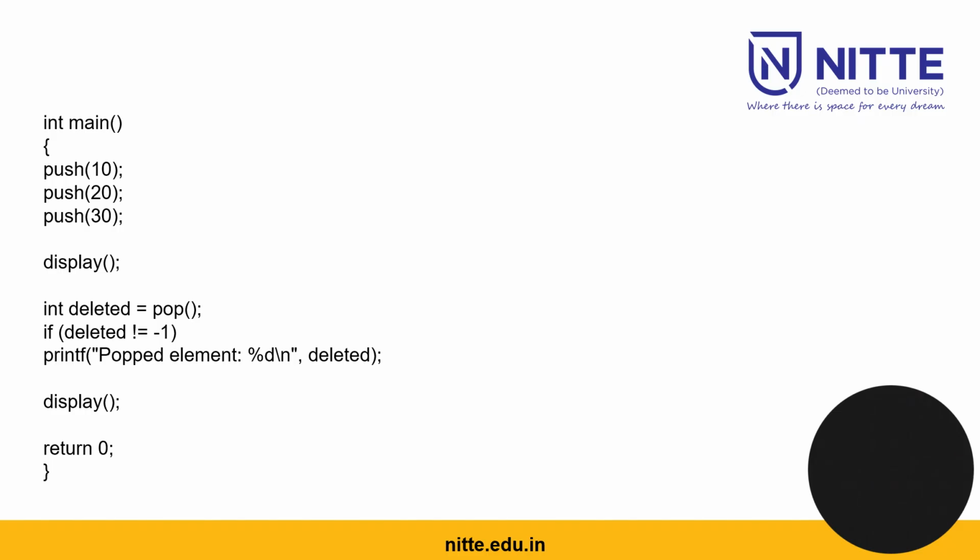So if deleted is not equal to -1, it will print popped element %d, deleted. So it will print the deleted element, because the element that has been popped is assigned to deleted. So deleted contains the popped element.